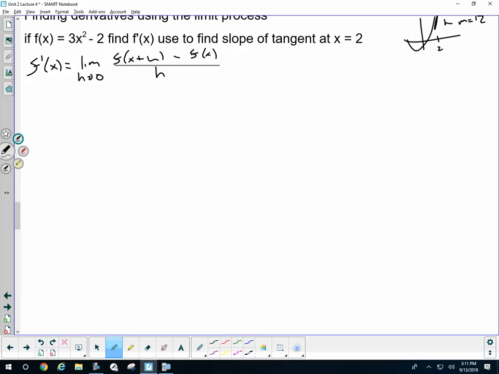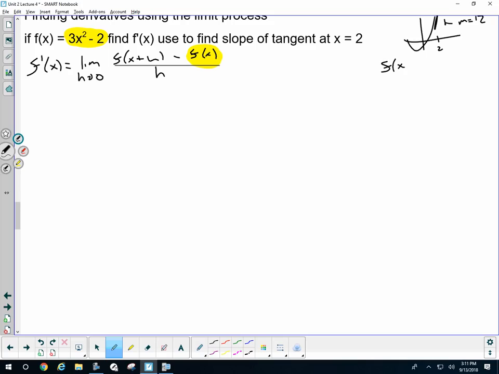Now you're probably like, great, what do we do with this? Well, we start plugging stuff into the formula. I can plug in 3x squared minus 2 for f. Well, I need to plug something in for x plus h. How do I do that? Well, it's actually not hard at all.